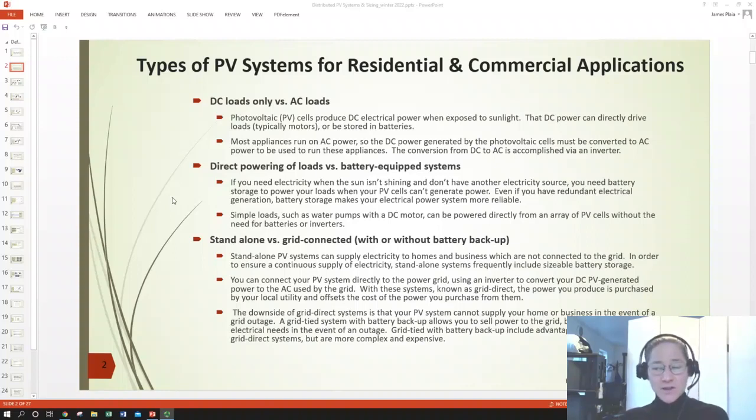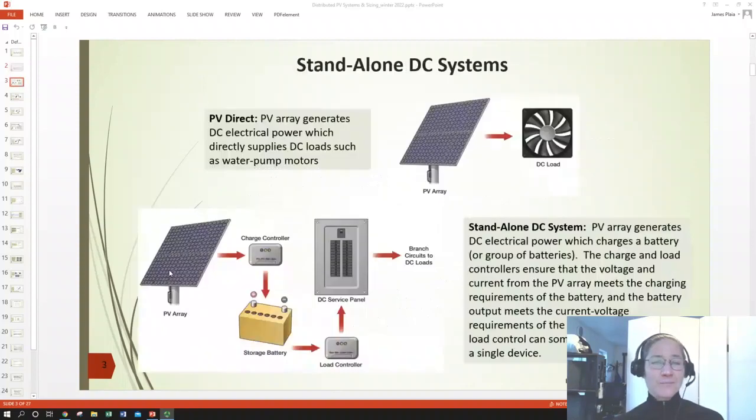So there's no way that you can feed power to the grid when it's down, but you have this second system that will meet your own needs. So lots of diversity in systems: AC/DC, battery equipped, not battery equipped, standalone, grid connected, and a combo.